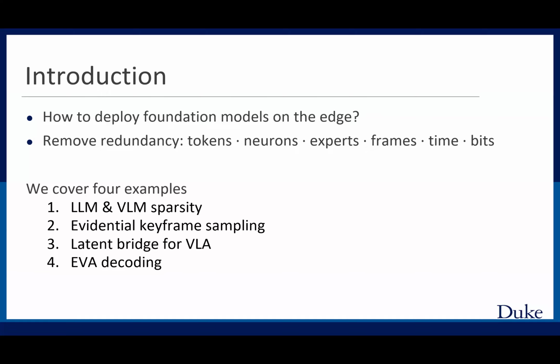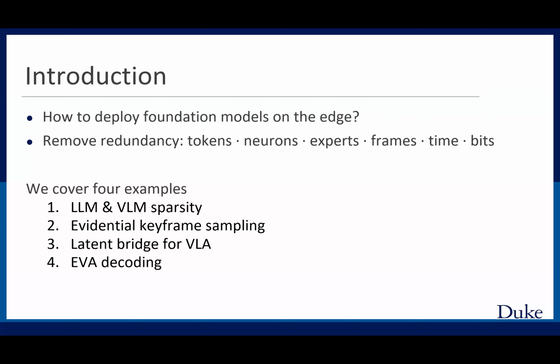The central idea of this talk, in fact, is we find we don't have to run our networks at every step. What I mean is, when we observe across different systems, a very obvious observation is that there's a huge redundancy in tokens, neurons, experts, frameworks, times, and even weight representations.